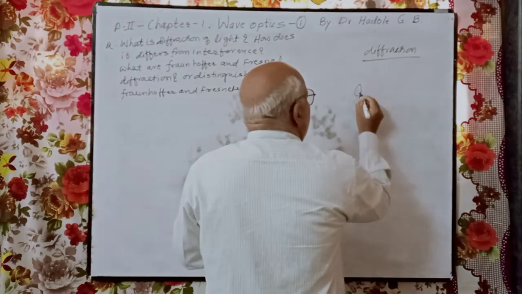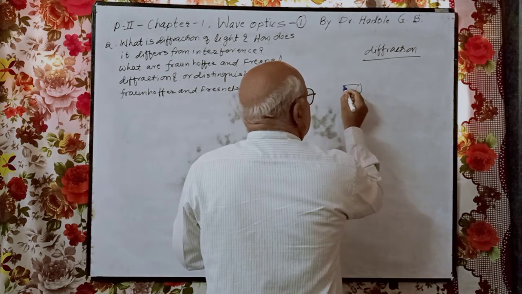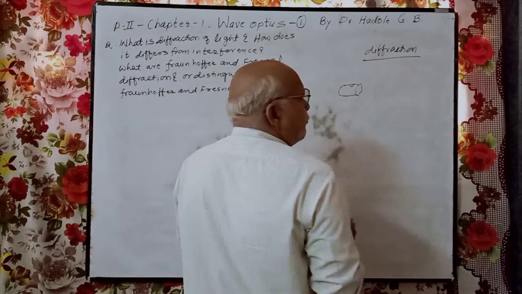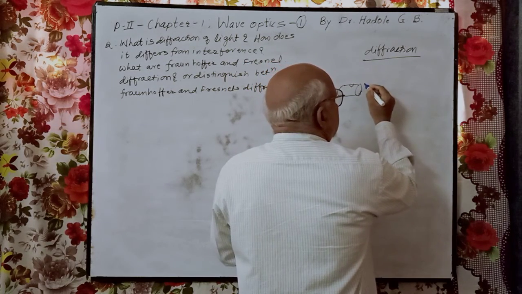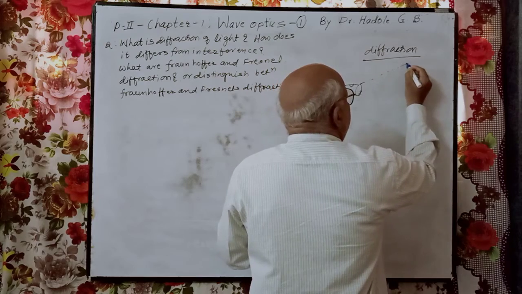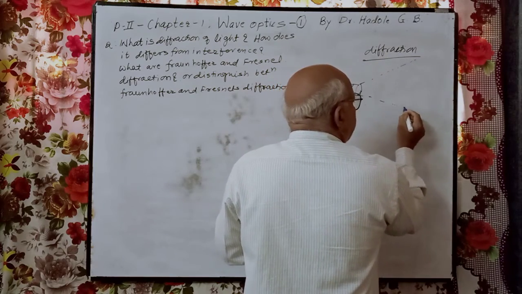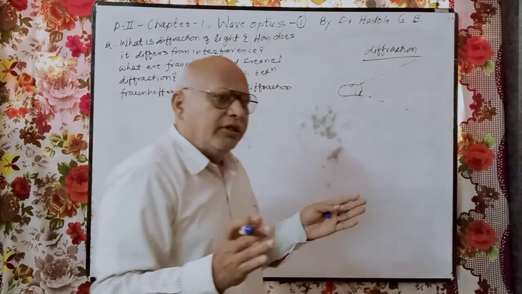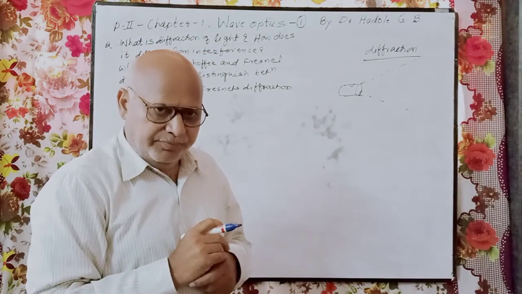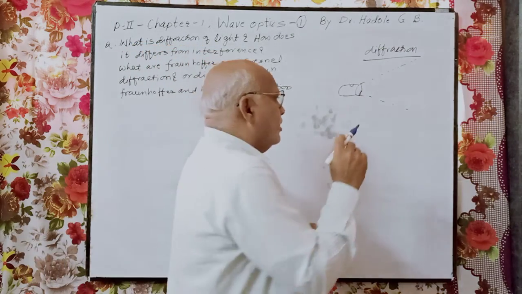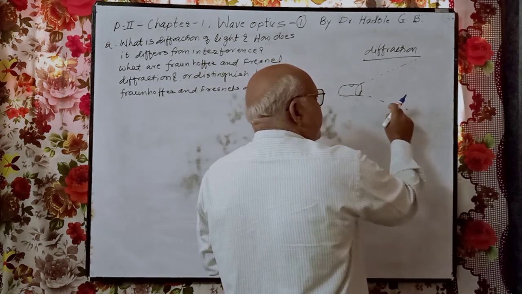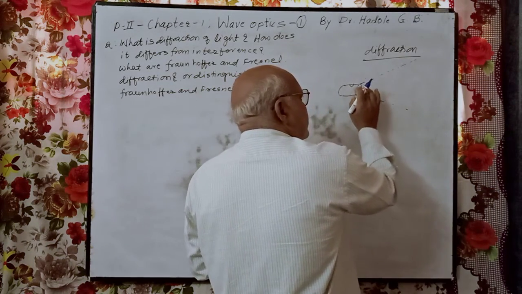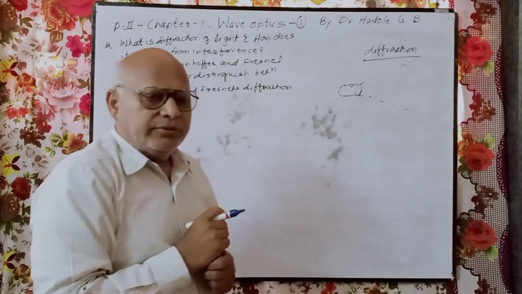Suppose this is the torch. From this torch, the flash of light is given out. Now you will find that this flash of light spreads up, it becomes broadened. Here there is a bending of light due to the edges of this torch.